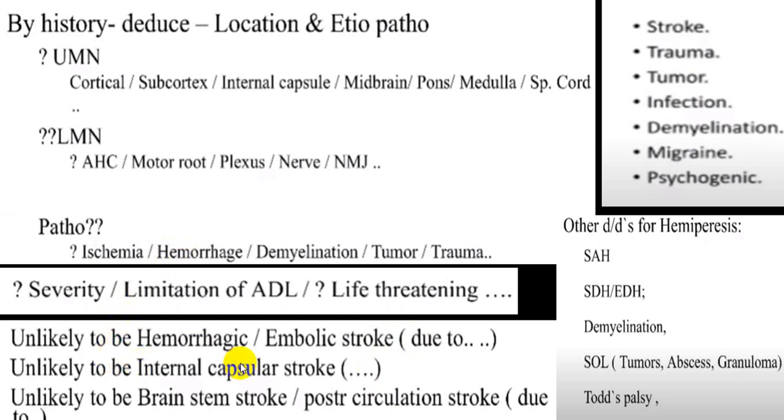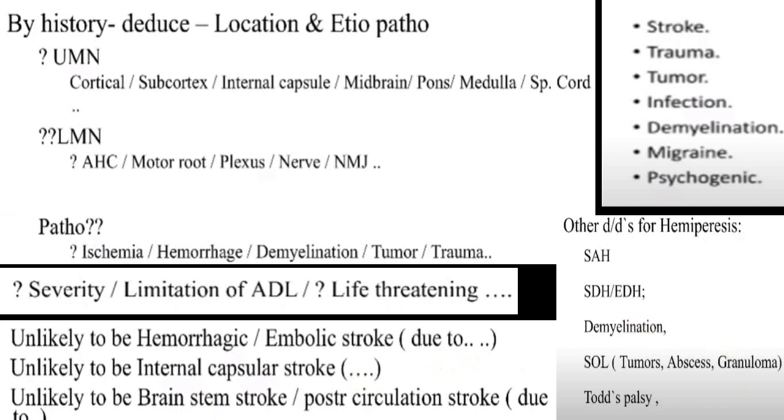Unlikely to be an internal capsular stroke because if the person has extensive damage in both upper limb and lower limb, it will usually be a dense hemiplegia, and if the person has a brainstem stroke, it will be a contralateral hemiplegia.